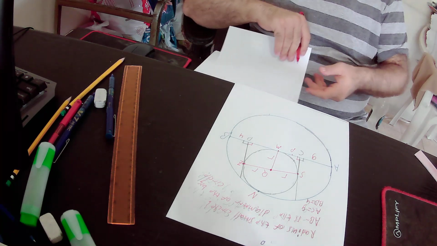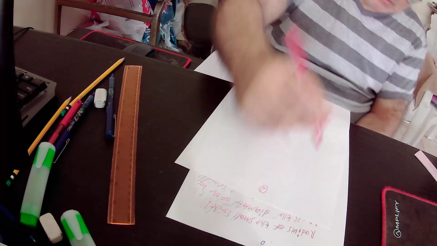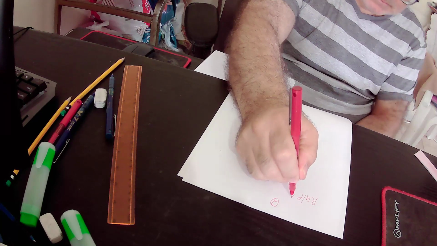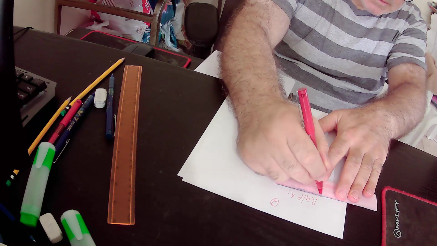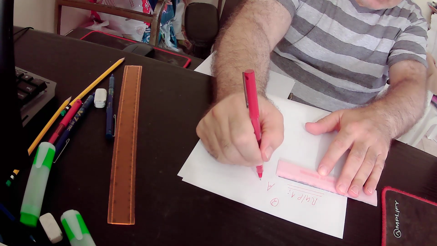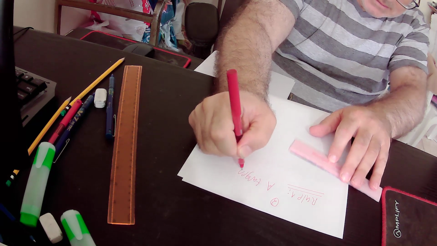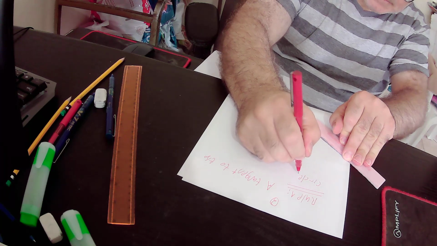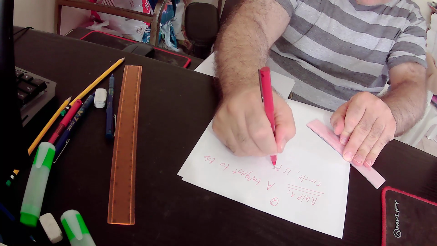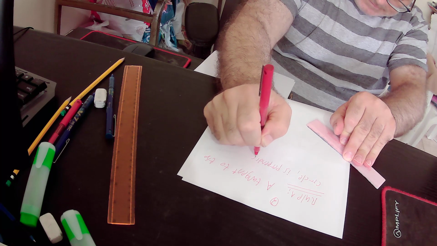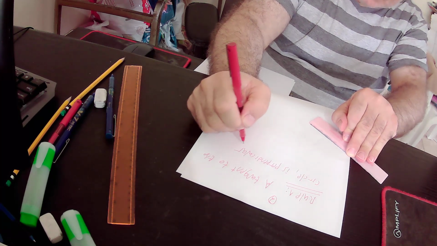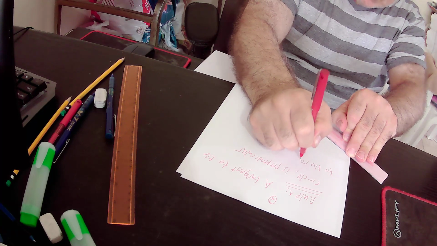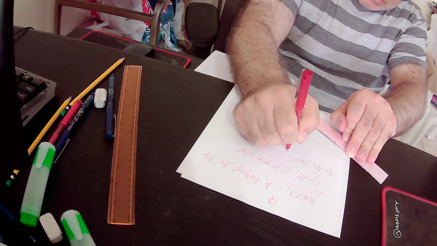Actually, we have a rule number one. Rule number one states that a tangent to the circle is perpendicular to the radius drawn to the contact point.